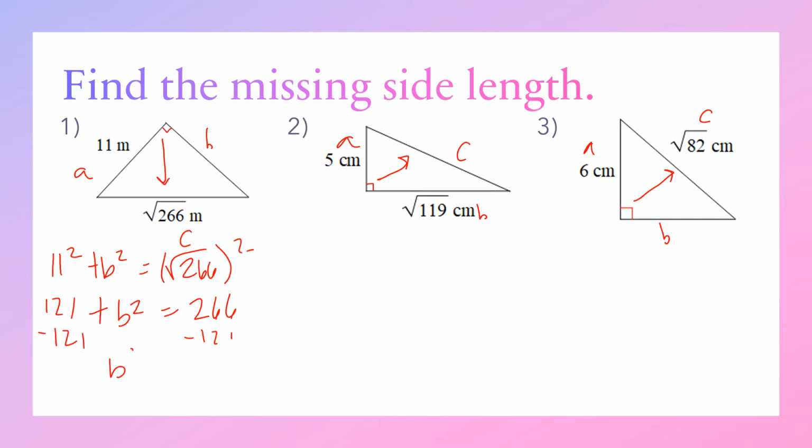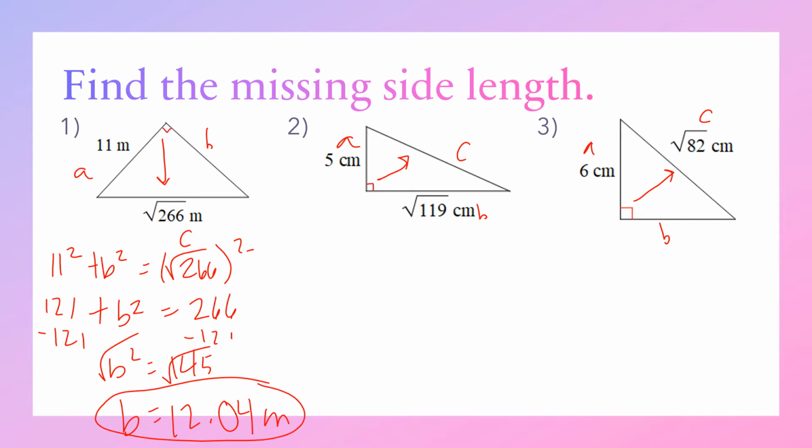So I get B squared equals 145. I'm going to take the square root of both sides. So B equals 12.04 meters. Again, if they give you a unit, you need to use that.